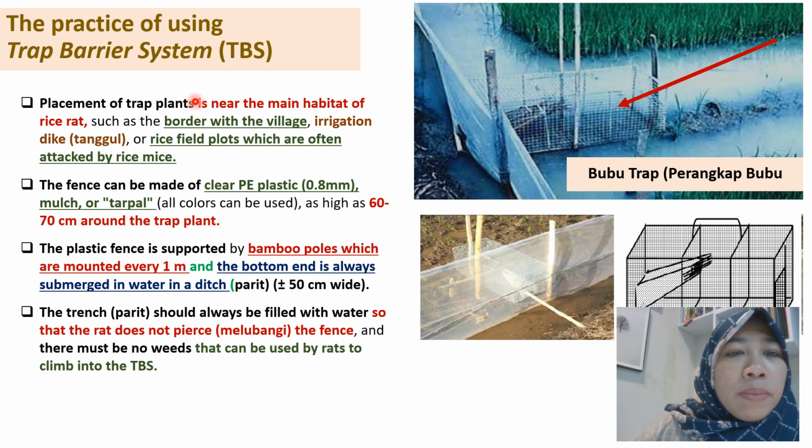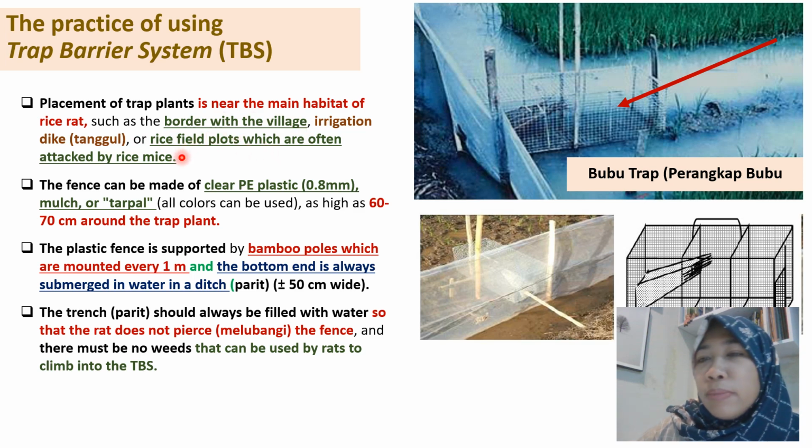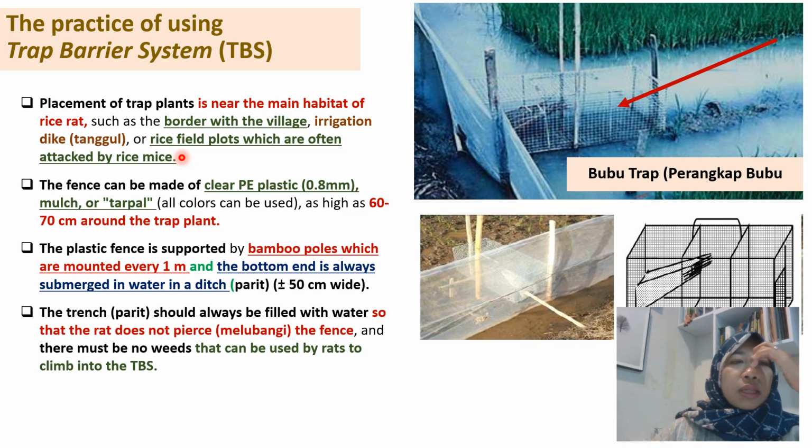The trap is placed near the main habitat of rice rats, in a border with the village, near the irrigation, or near rice field plots which are often attacked by rice mice. These are places where TBS is effectively used.